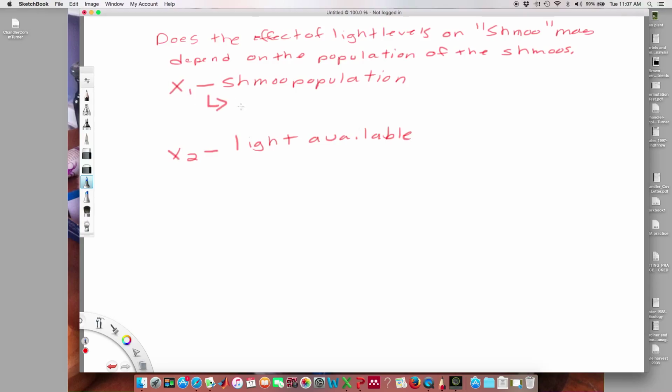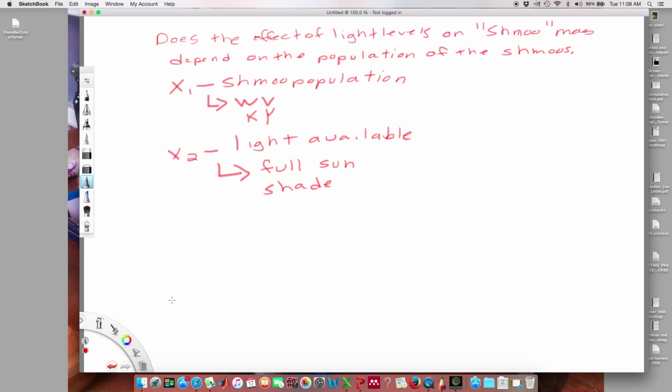We'll stick with West Virginia populations and Kentucky populations, and we're going to have full sun and shade. Now, these are very generic values. If you were doing an actual experiment, you'd want to quantify those a bit more. But for this example, I think it'll work fine.